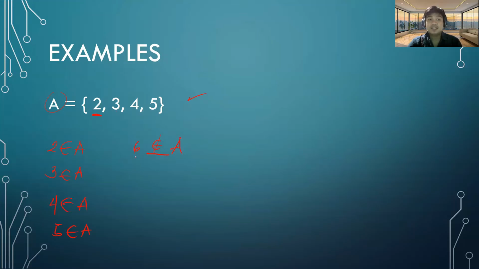So ang ibig sabihin nito, 6 is not an element of A. Same is true with a, a is not an element of A, 2.5 is not an element of A, or 10 is not an element of A. So, yun yung symbol natin to indicate the membership of a particular object in a set.